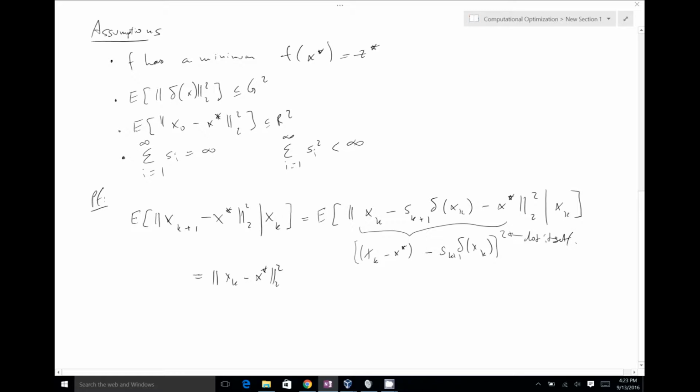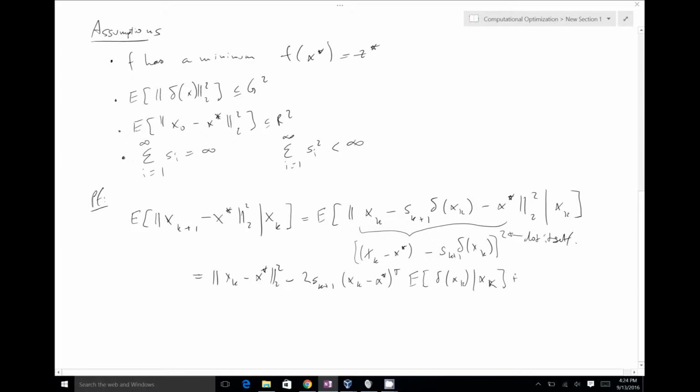I'm going to have minus 2 times s_{k+1} times xk minus x star transpose, and then times the expectation of the stochastic subgradient at xk given xk. Okay, so that was the second term.